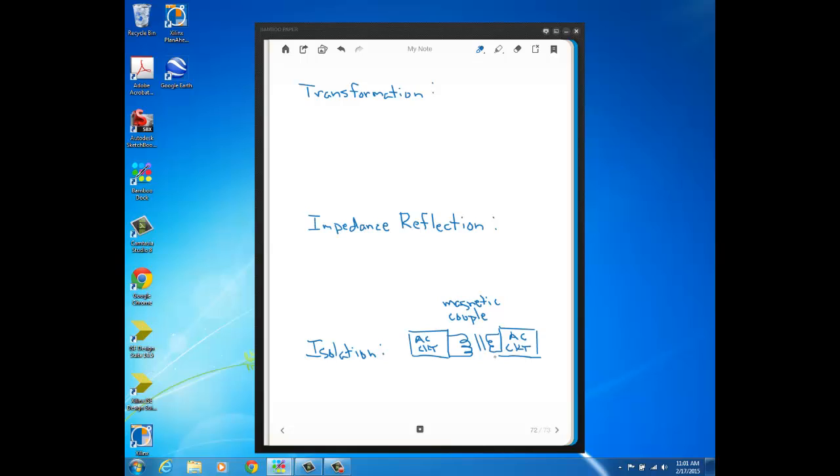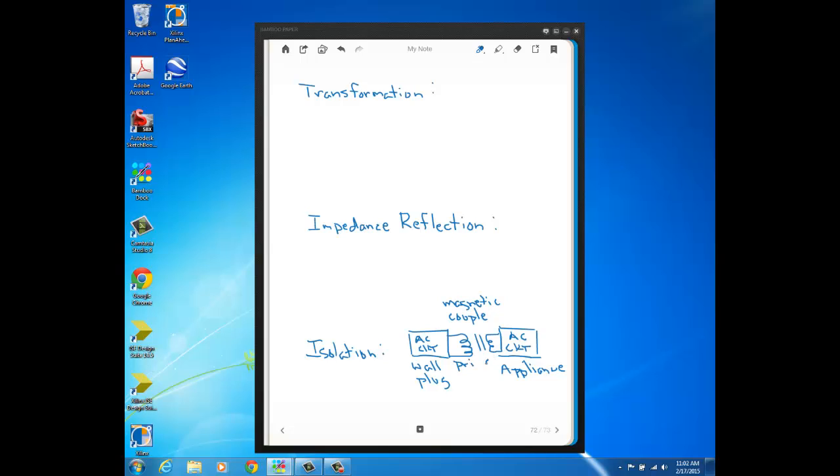The reason this is often done is because now you see the AC circuit here, let's say this is the wall plug again, and here's our appliance. The appliance is connected to the induced side of the transformer, the secondary side. The AC circuit, the wall plug, would be our primary side.